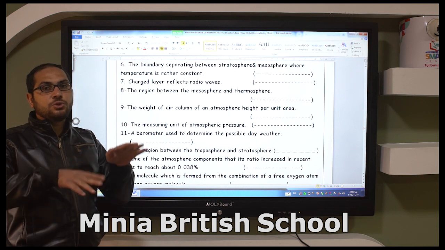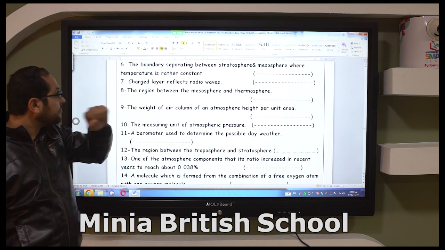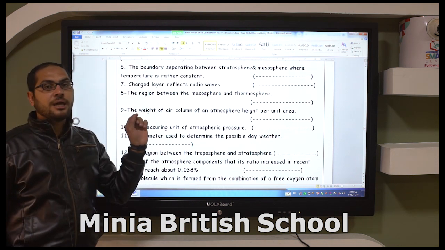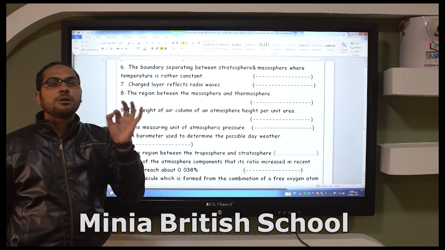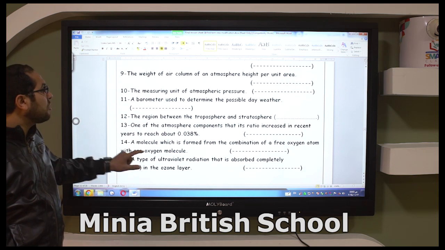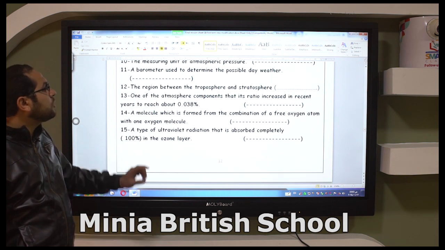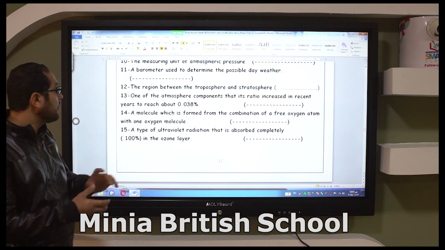Between the mesosphere and the thermosphere, this is the mesopause. All separation layers end with the syllable pause. Don't forget, the measuring unit of atmospheric pressure is millibar or bar. The region between the troposphere and stratosphere is the tropopause.